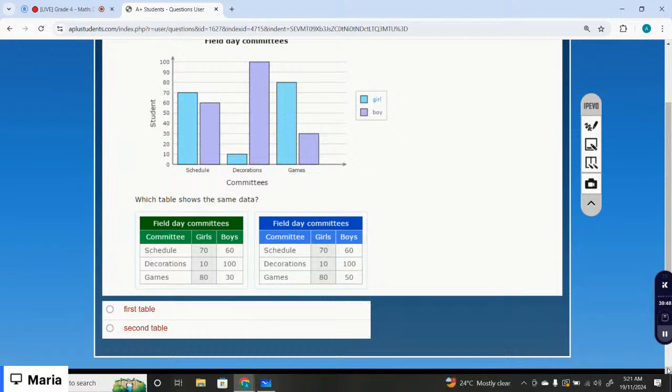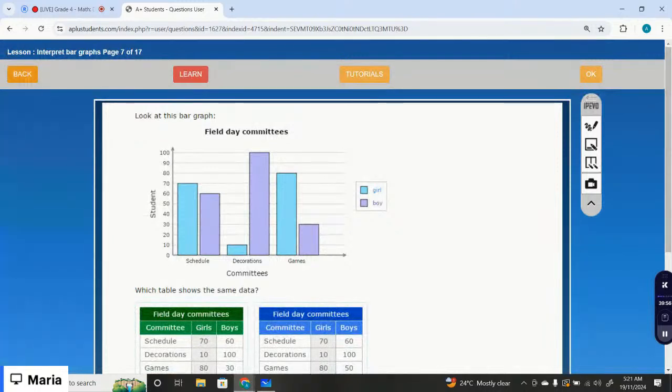The first table is the correct option. Okay, you can complete the lesson by yourself later today. Let me just move on to the next lesson.